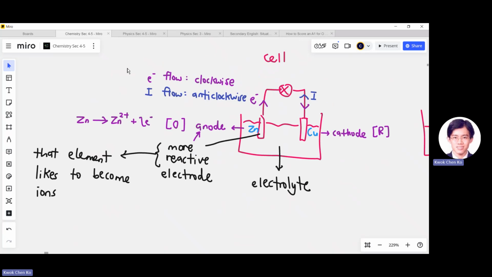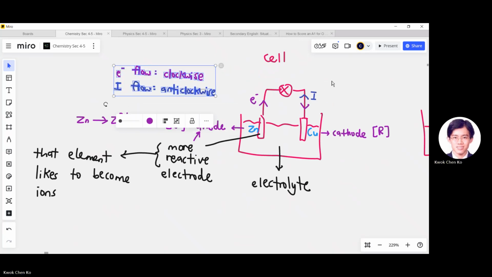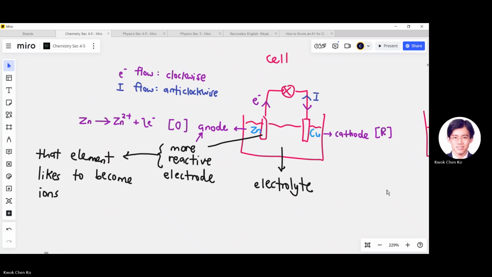Yeah, there are quite a few things that can possibly confuse you. But of course, you have questions to ask. Actually, there's no such thing as current. Current is simply the flow of electrons in the opposite direction.